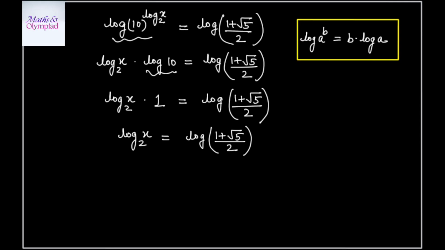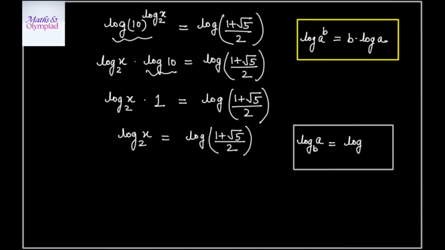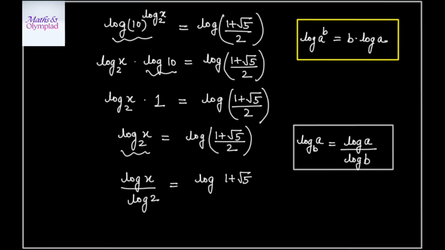Now I will apply the change of base rule, which says log a to base b equal to log a over log b. So I can write log x over log 2 equal to log of 1 plus root 5 over 2.